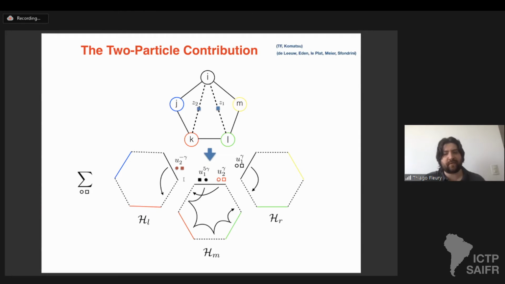You have this hexagon on the left and this hexagon on the right that are trivial because they only have one particle. This U1 and U2 are some complete set of states. So you put fundamental particles and also bound state particles. So you are summing over a complete set of states. But then you have this middle hexagon here that is the complicated part in this construction.